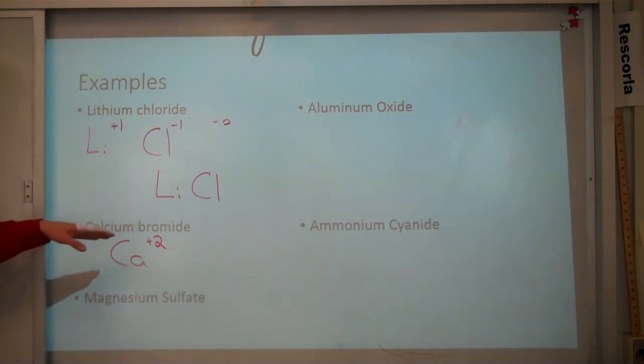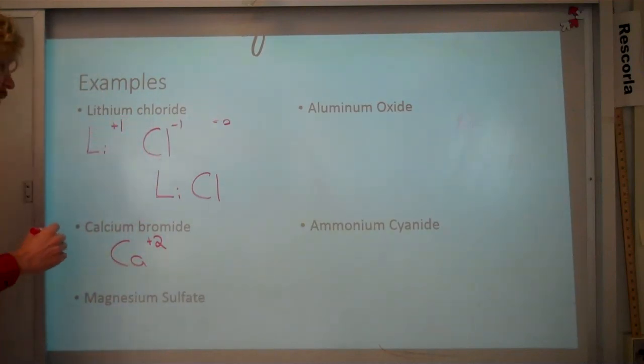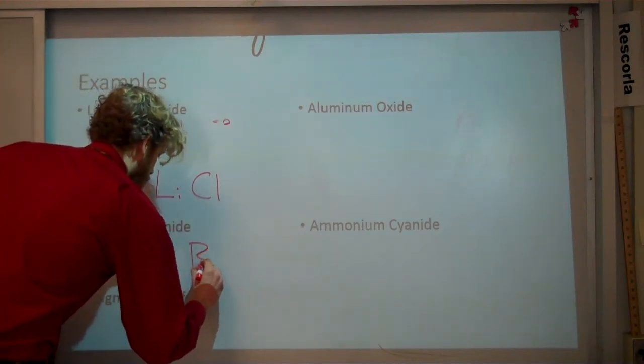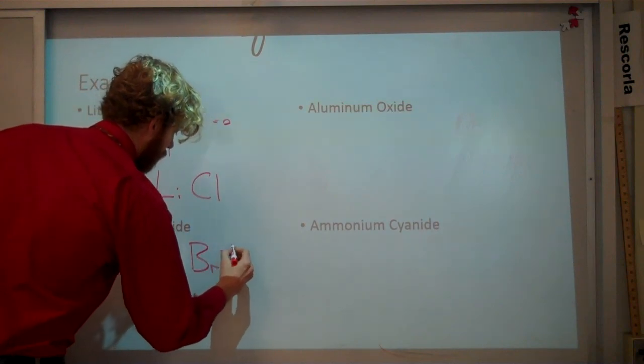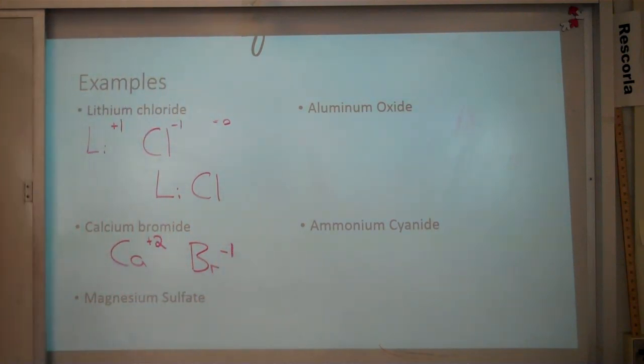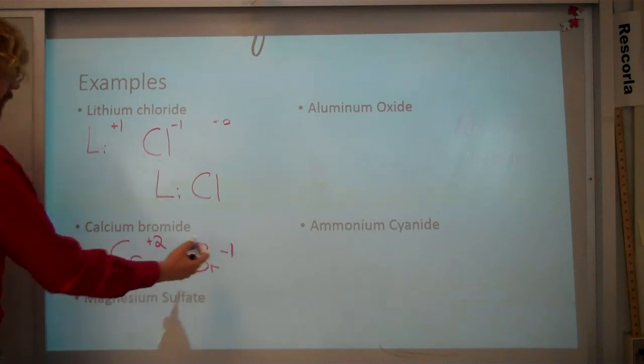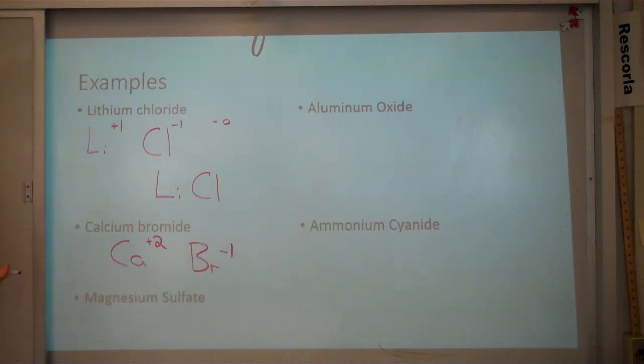Bromide is directly below chloride, so it's going to have a -1 charge. Now, what we're going to do is cross and drop, because these charges do not equal, and we need them to be balanced.